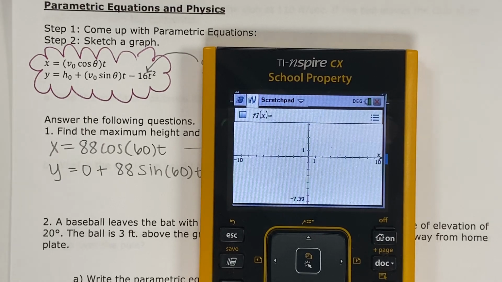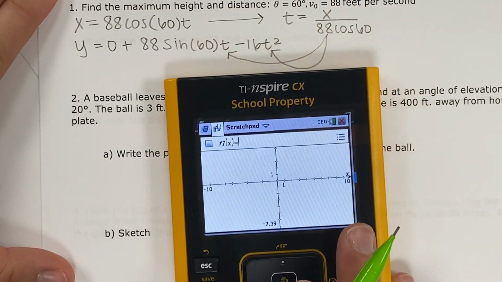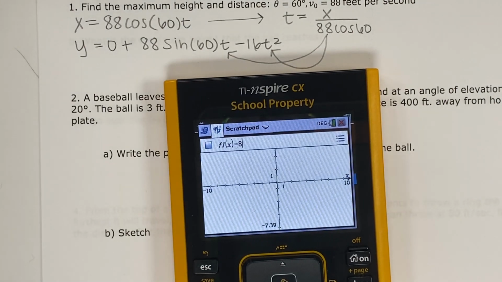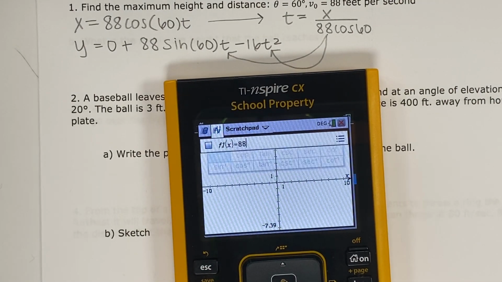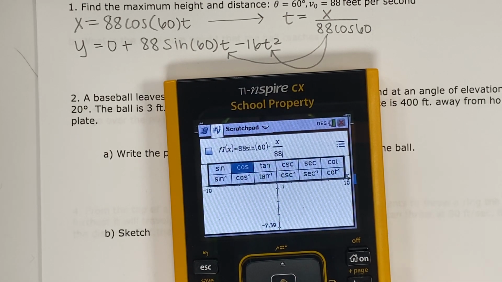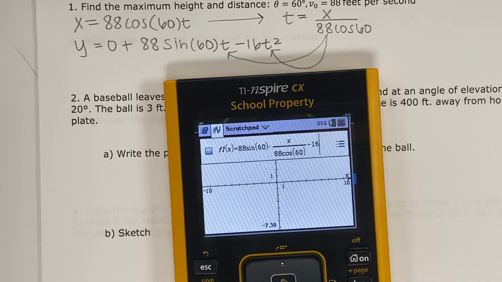Okay, so I'm gonna type in my y equation. I don't need to type in the 0, so I'm not. 88 sine 60. And now instead of saying t, I'm gonna type in x over 88 cosine 60, minus 16.